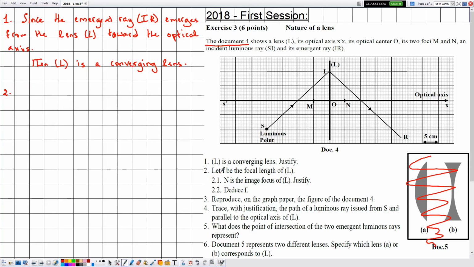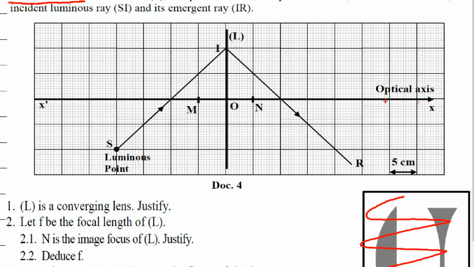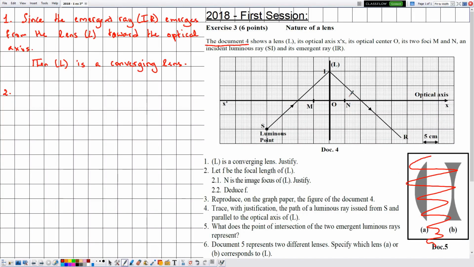So now in number 2 they are telling me let f be the focal length of L. 2.1, N is the image focus of L, justify. So we need to justify that N is the image focus. We know that always for a converging lens, the emergent ray and the image focus are on the same side. IR is the emergent ray, and on the same side of IR we have the point N. Therefore the point N represents the image focus.